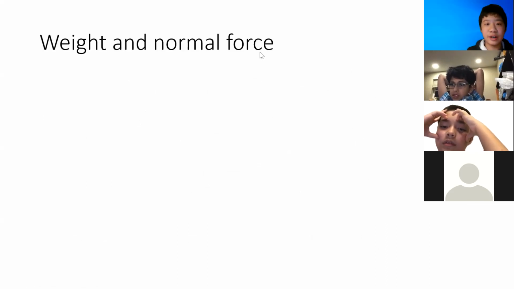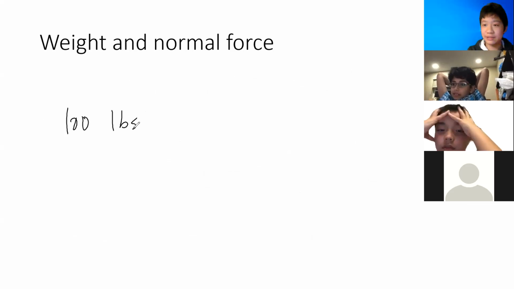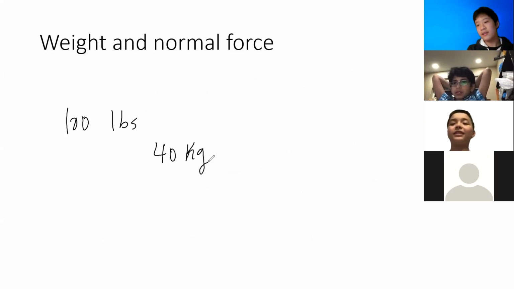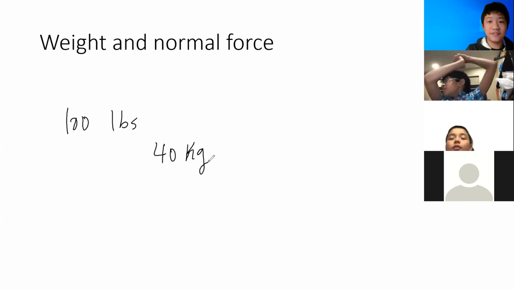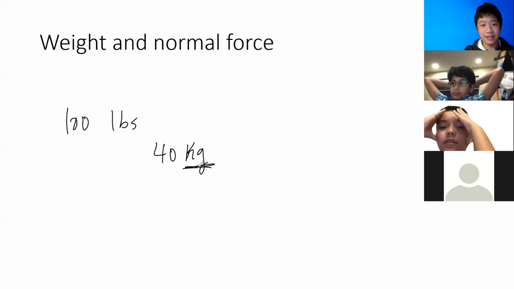Okay, so now we have weight and normal force. So normally when we talk about weight in our daily lives, I could say like 100 pounds, right? And there's the unit of weight that we use in daily life with the kilogram, right? 100 pounds is around 40 kilograms or so. But in physics, kilogram can only be referred to as mass, okay?